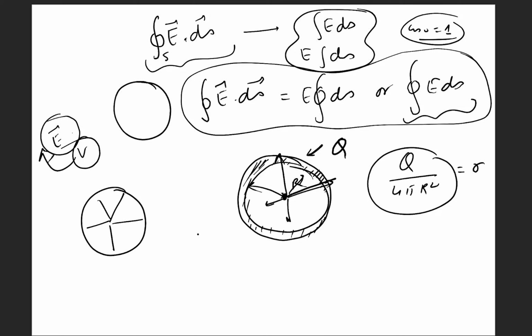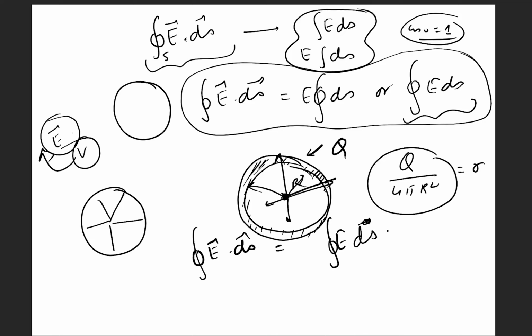So from Gauss law, we will find that this integral E ds is simply this thing, and we are also assuming that due to symmetry the field is in just the radial direction and uniform.